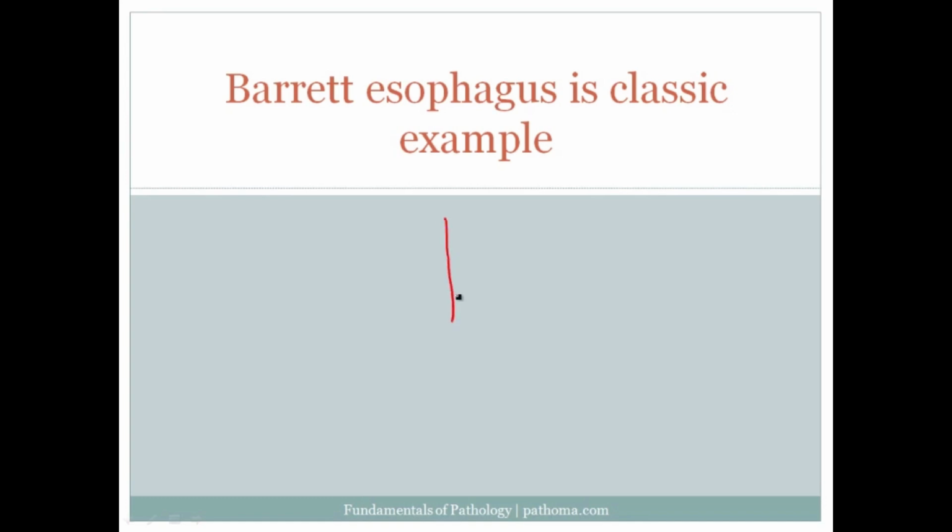The esophagus is lined by squamous epithelium, and recall that there is a very sharp demarcation between the esophagus and the underlying stomach. And the stomach, instead of being lined by squamous epithelium, is lined by columnar epithelium.